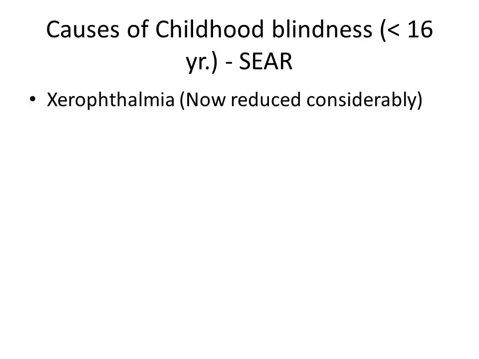What are the causes of childhood blindness? Childhood blindness is blindness among those less than 16 years of age. These are xerophthalmia, that is dry eye due to vitamin A deficiency, the severe form of which can lead to blindness. This is now considerably reduced because of vitamin A supplementation.